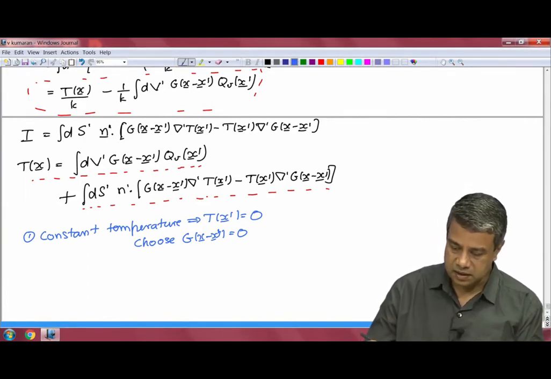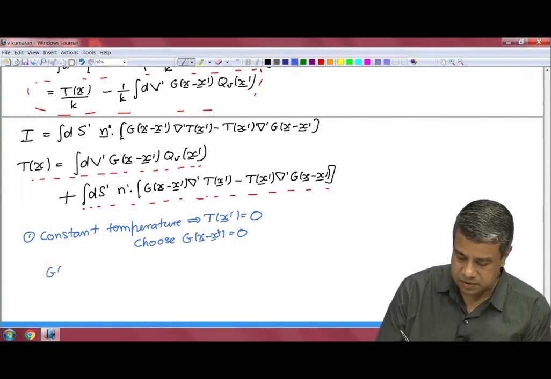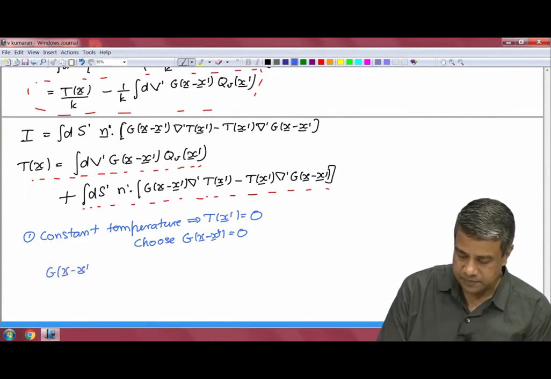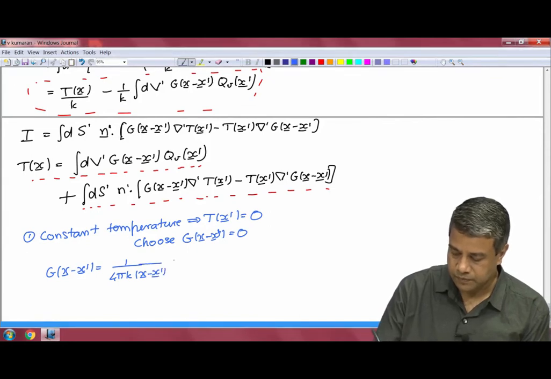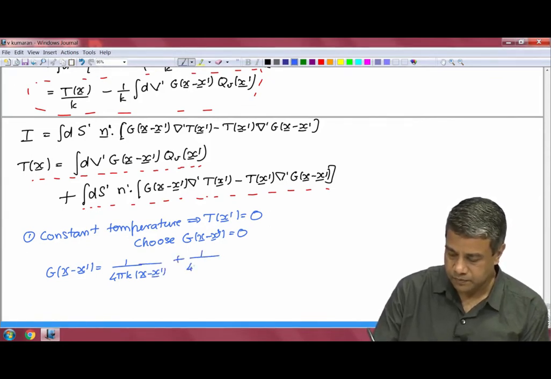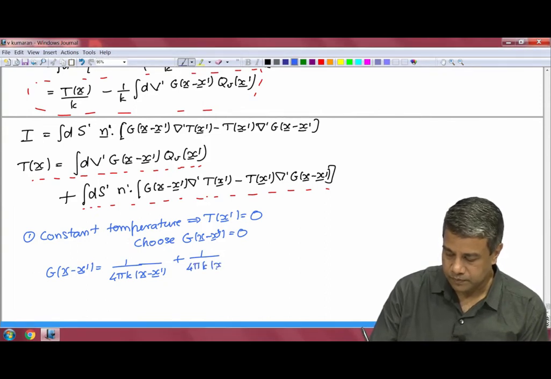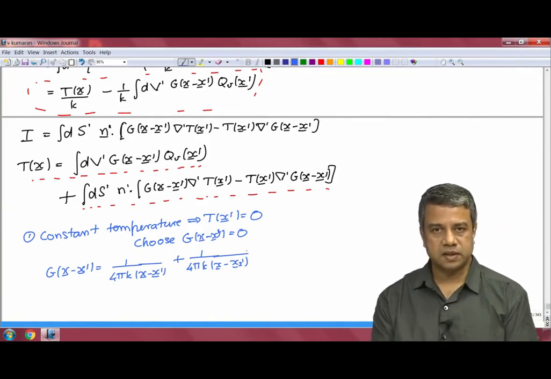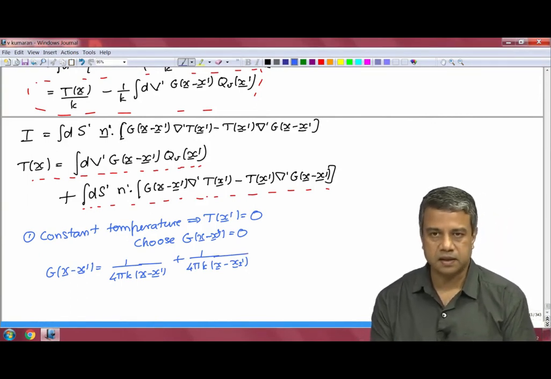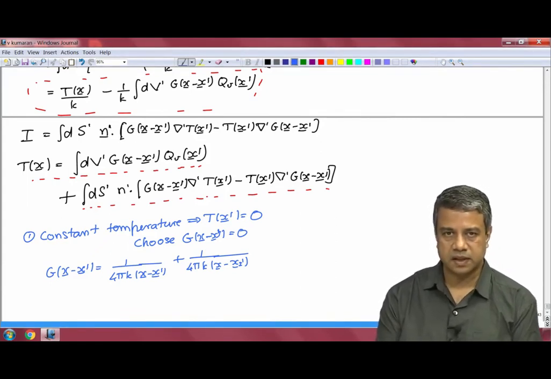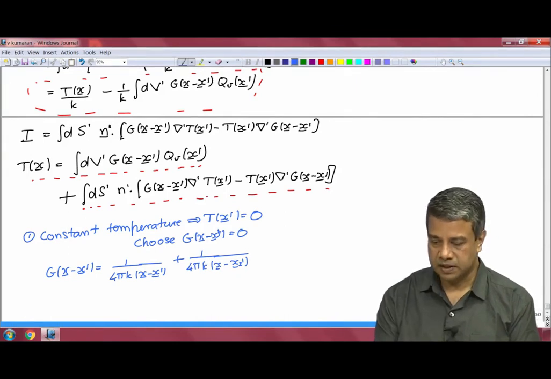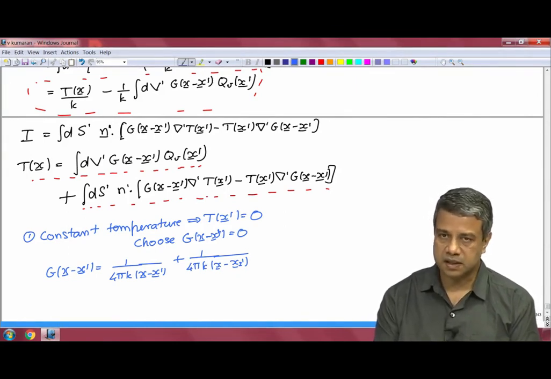So, in that particular case, you recall we had chosen g of x minus x prime is equal to... So, when chosen in this way, the temperature is identically equal to 0 for g as well. Therefore, the first term within the square brackets on the right is also equal to 0, and therefore, the temperature boundary conditions are identically satisfied.